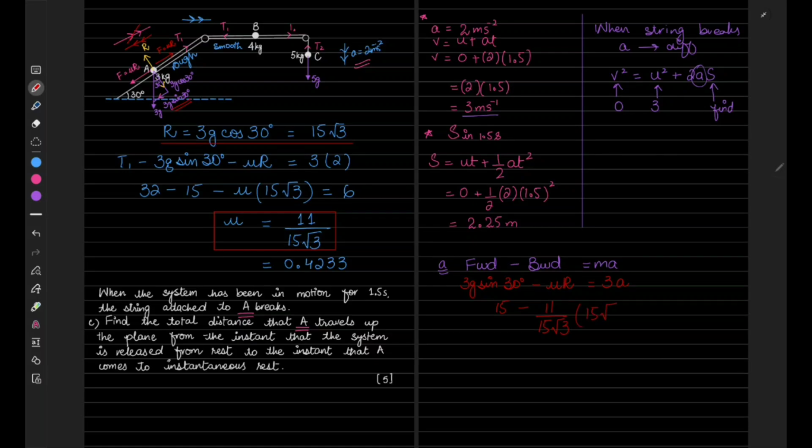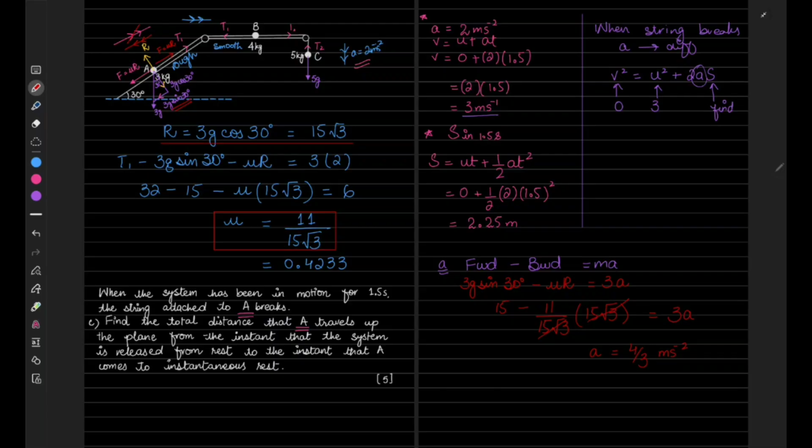This is why I kept this all in the same form rather than writing in the decimal form. We can easily cancel out a few things. And this gives you 3a. Now this is your acceleration. What you will find it to be, 15 minus 11 would be 4 over 3. Acceleration is 4 over 3 meter per second square.